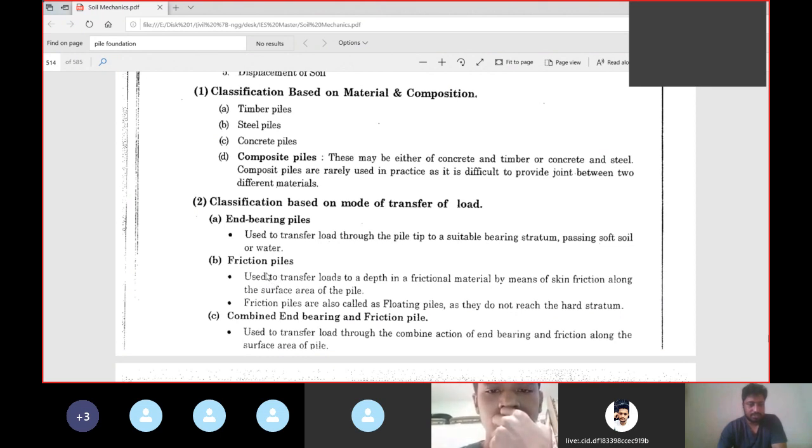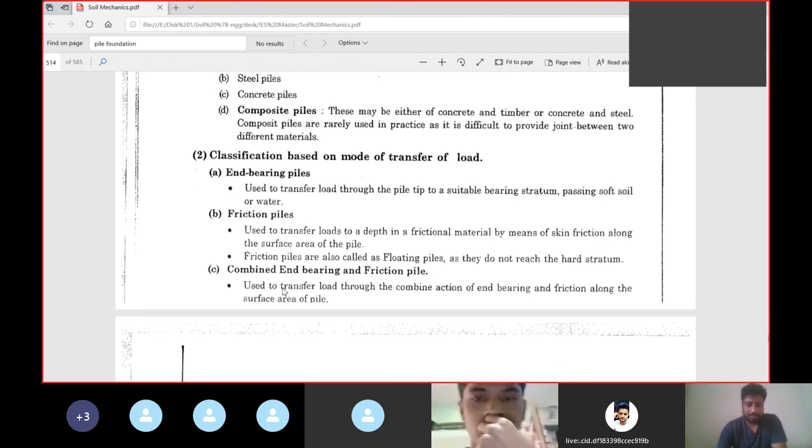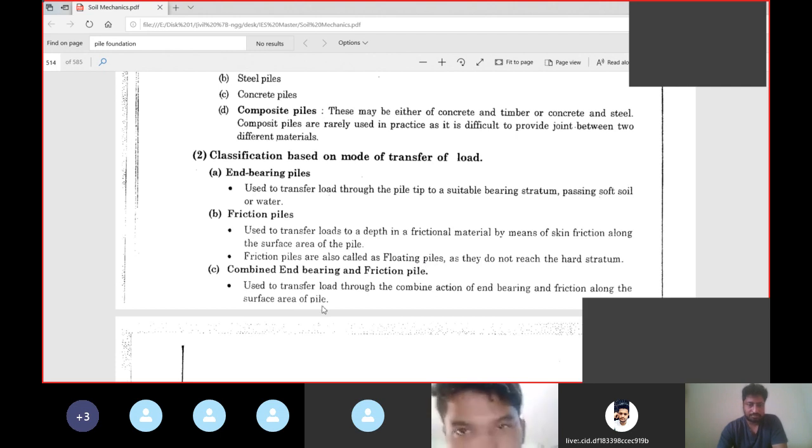Such piles are known as friction piles. Friction piles are also called floating piles as they do not reach the hard stratum, right? So when the load transfer mechanism is through friction, we will not be considering the end bearing effect, meaning the pile will resist the load through friction, that is from its sides.